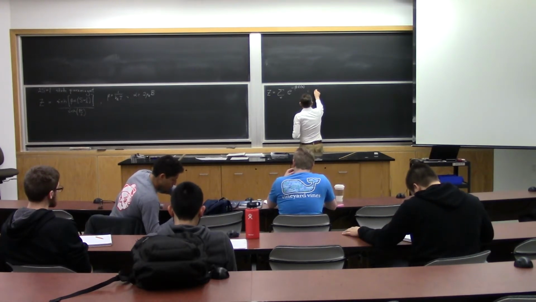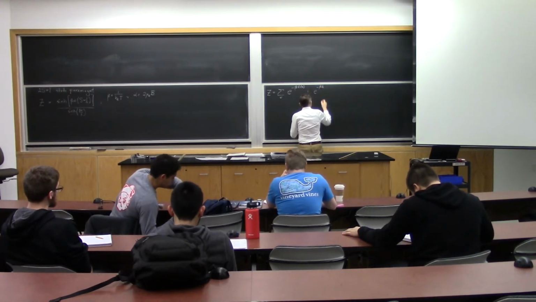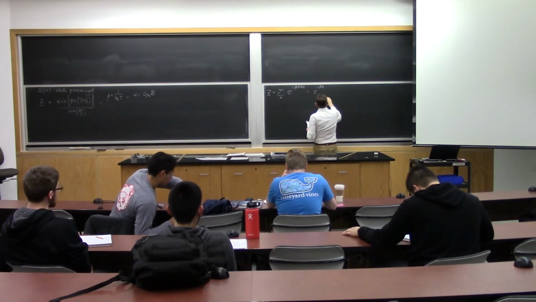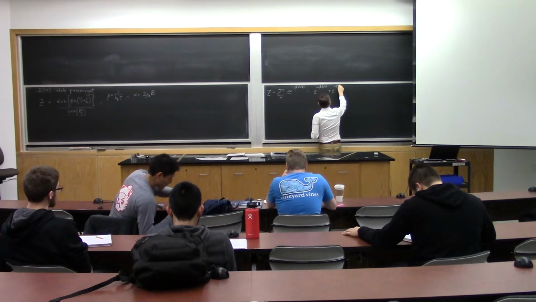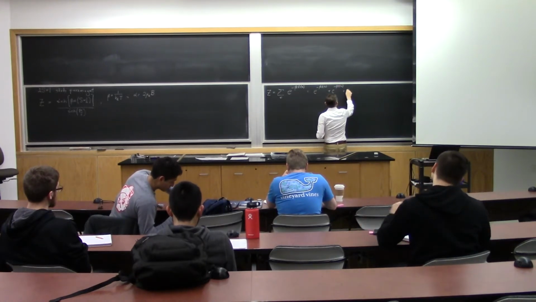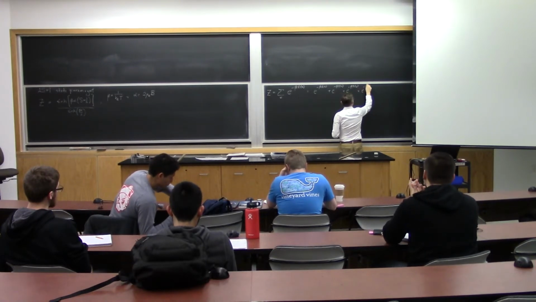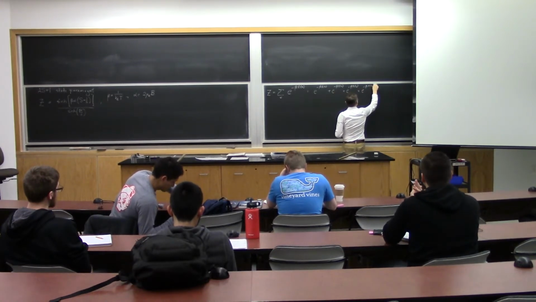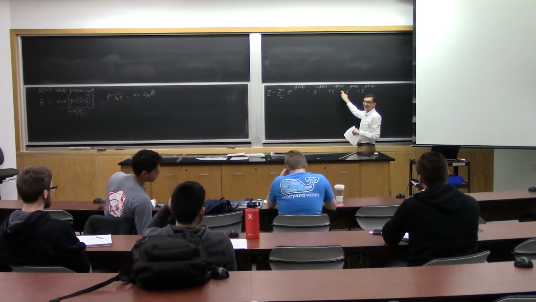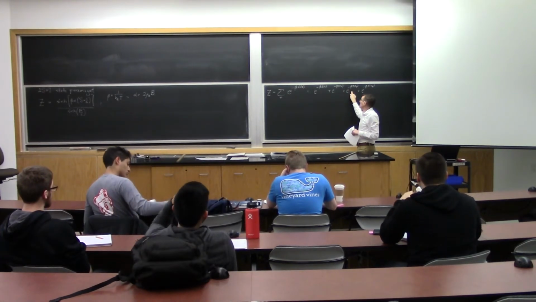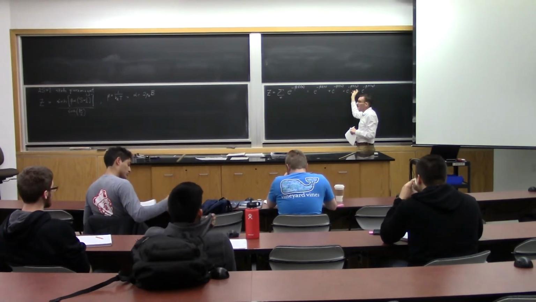So this will be e to the minus beta epsilon of S1, plus e to the minus beta epsilon of S2, plus e to the minus beta epsilon of S3, plus e to the minus beta epsilon of S4. These 2, of course, are exactly the same, because state S2 and state S3 have the same energy.